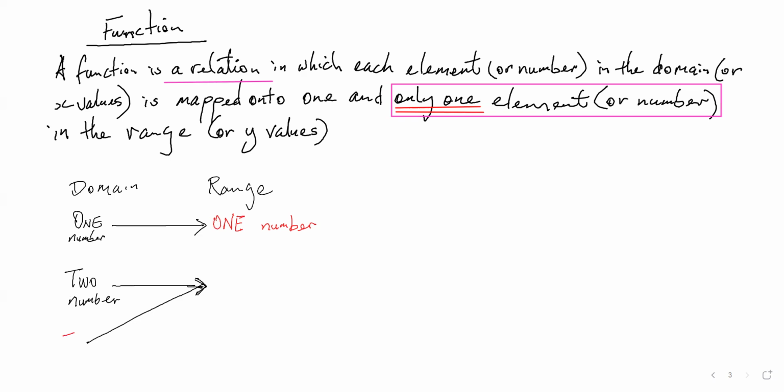Only one number. Can't go to any more than that. So there's two numbers going to one. We call this one-to-one mapping. Or we could have it like this. We call it many-to-one mapping. And this is what we call a function.